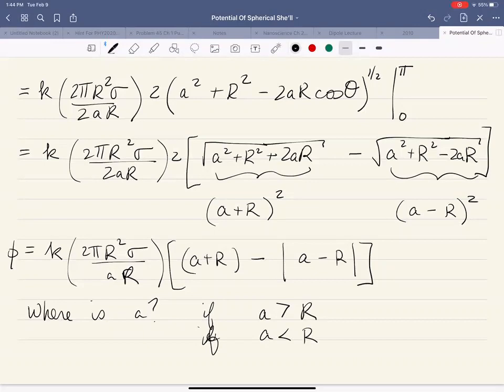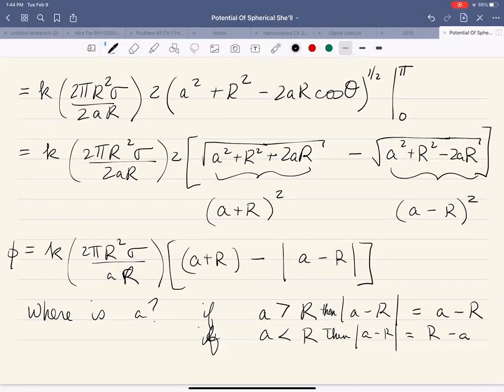Okay. All right. So if a is greater than R, then the absolute value of a minus R would be equal to just a minus R, and you could write it that way, okay? However, if a is less than R, then the absolute value of a minus R would be equal to R minus a, and you would write it that way, okay?